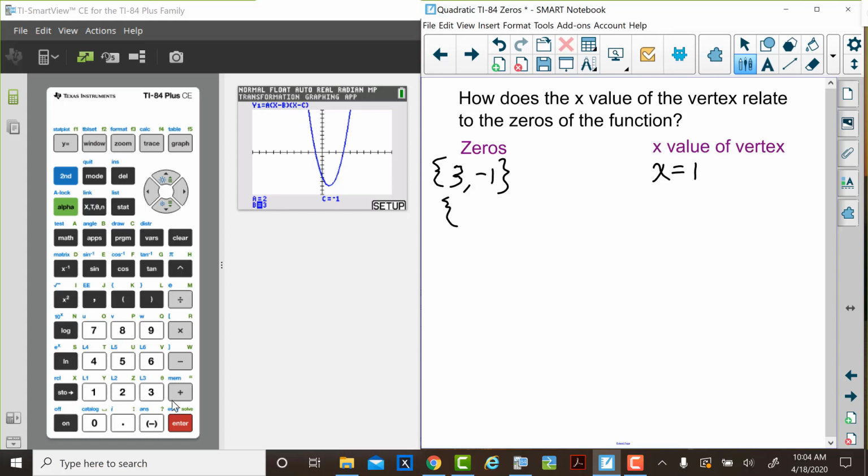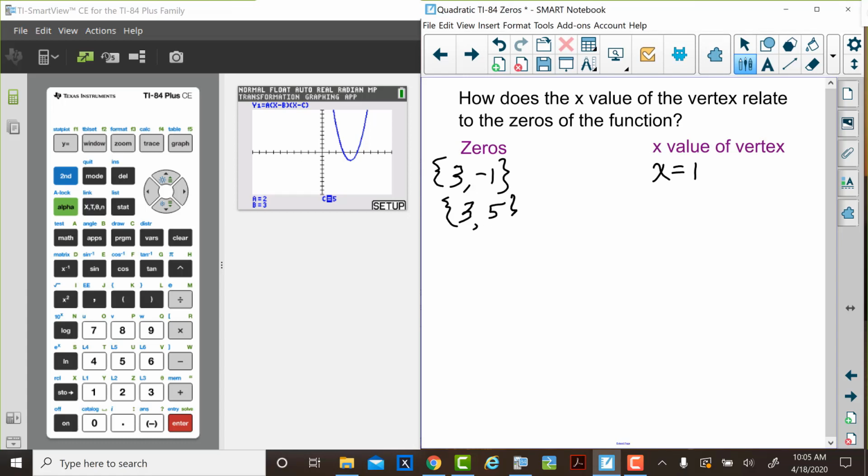We'll look at perhaps an x-intercept at 3. So she's changing b to 3, and we're going to change the c value to 5. So right now, we have zeros at 3 and 5.